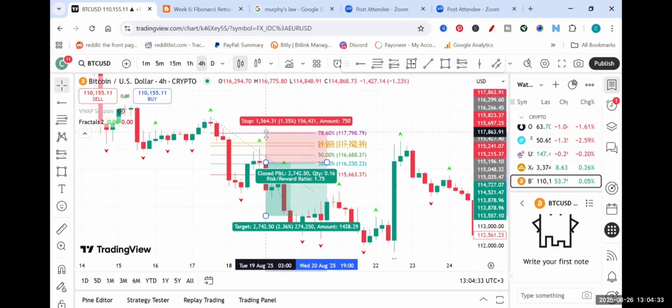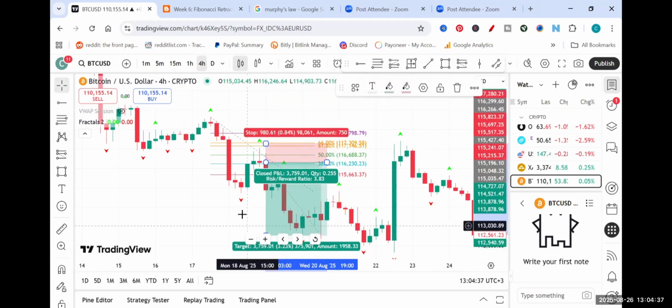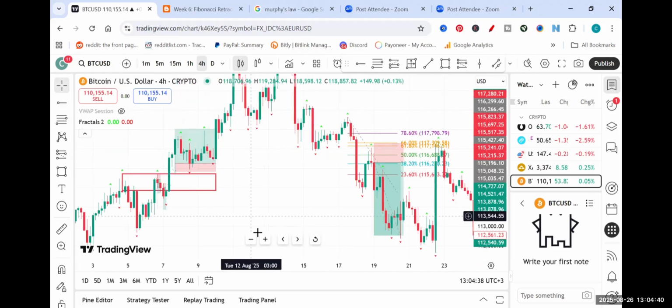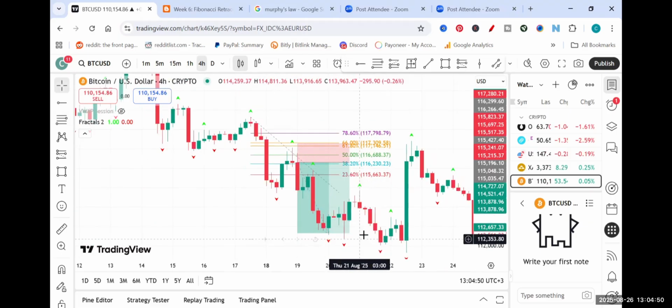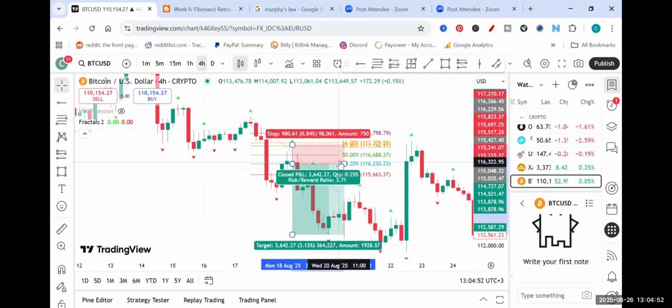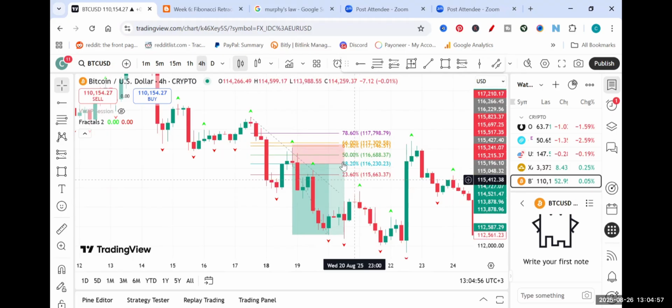So you just put your stop loss there, and you target the next level, this one. You come up with a target there, and you have a very good risk reward of 1:37. So yeah, basically that's how it is traded.